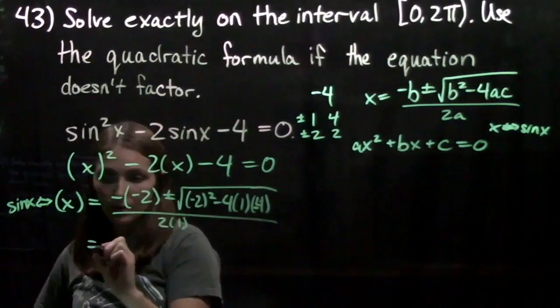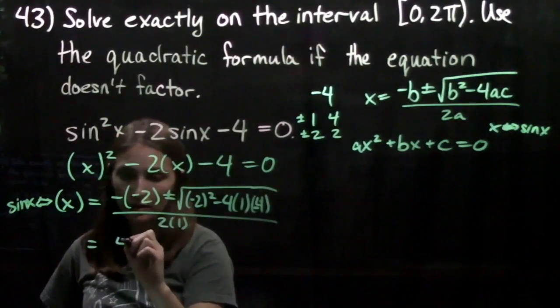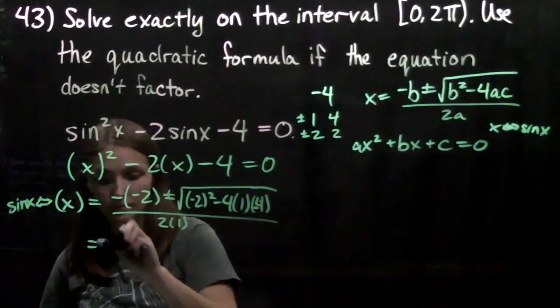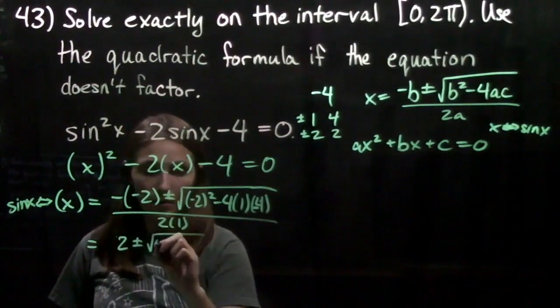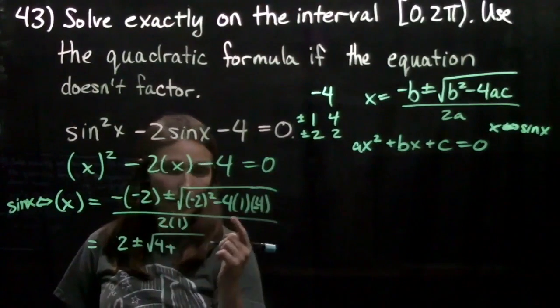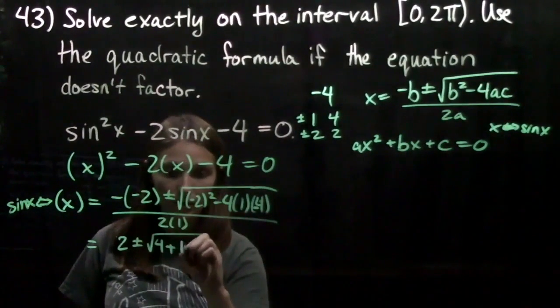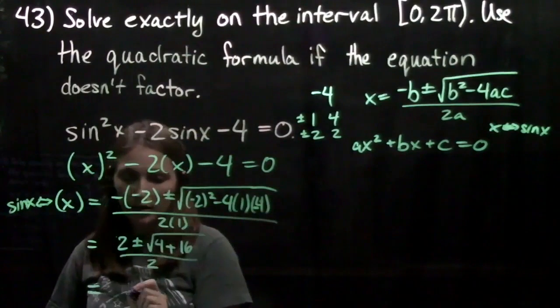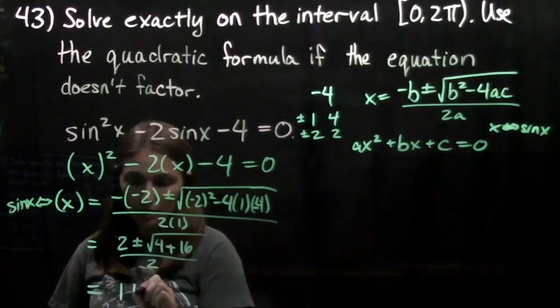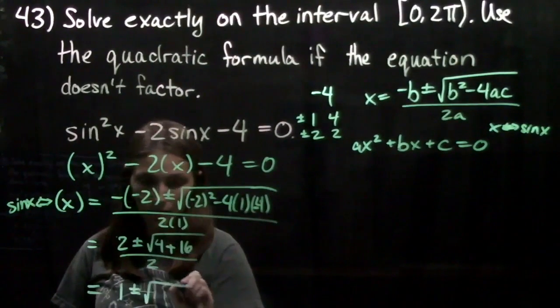And when we simplify this, we get a positive 2 plus or minus the square root of 4 minus a negative, so it's going to be positive 16, all over 2.